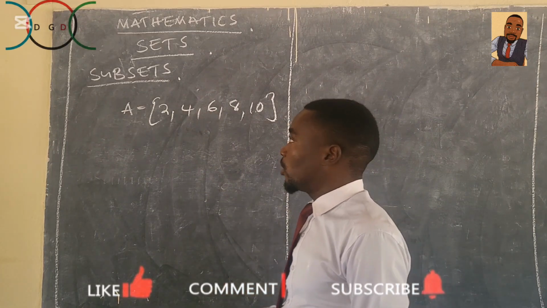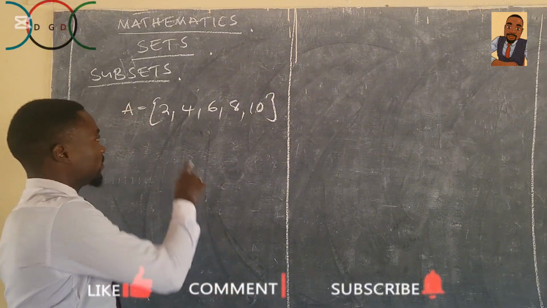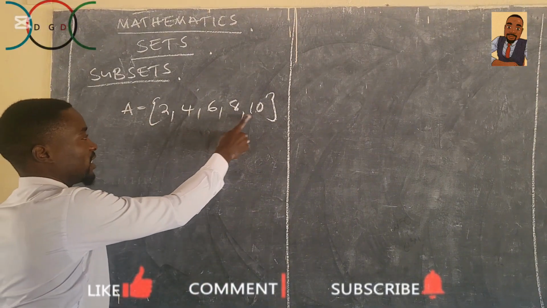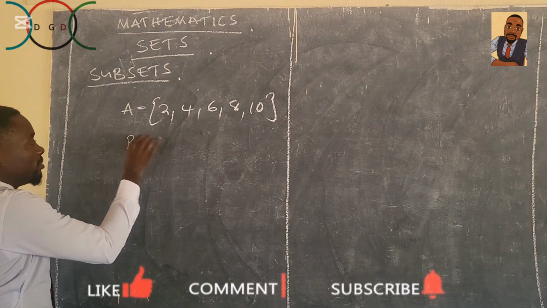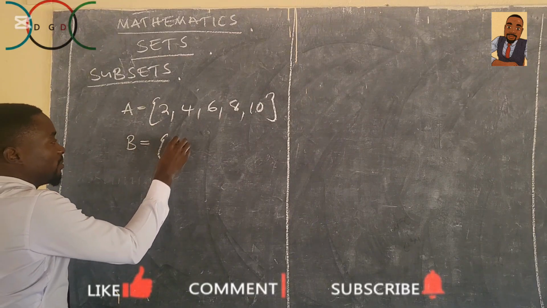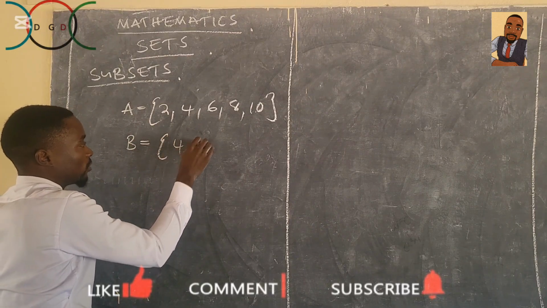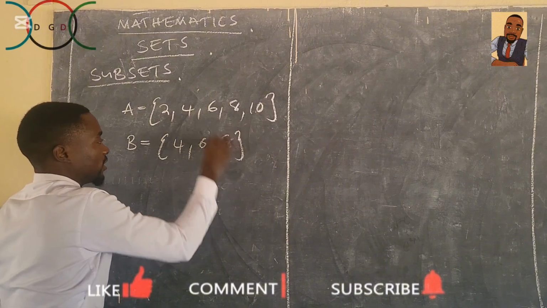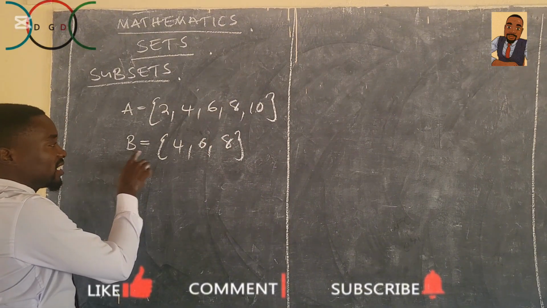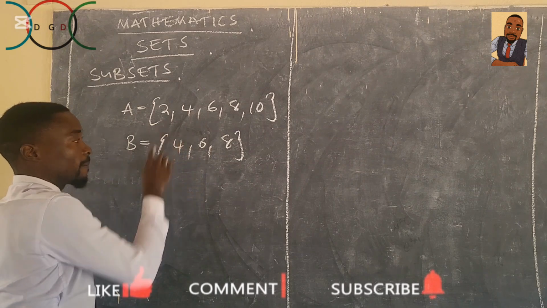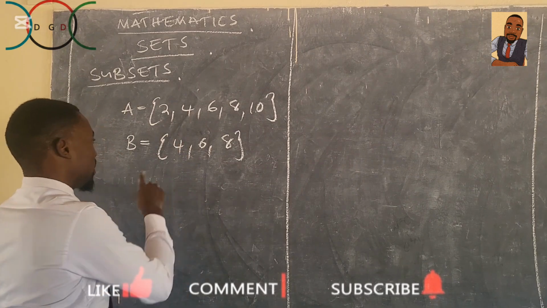So for example, if we are given a set A, which is 2, 4, 6, 8, and 10, and we are given another set which is B, which contains elements 4, 6, and 8. This simply means B is a subset of A. Why are we saying B is a subset of A?